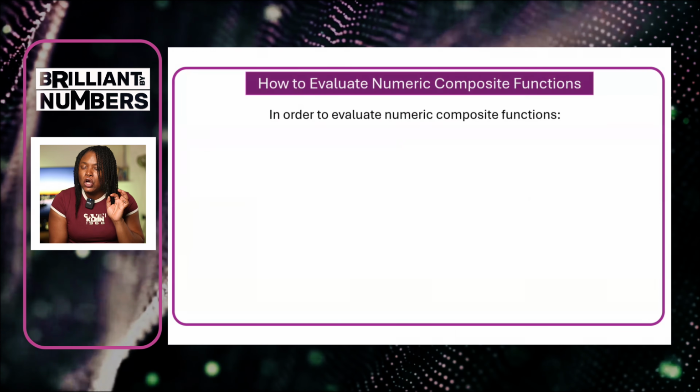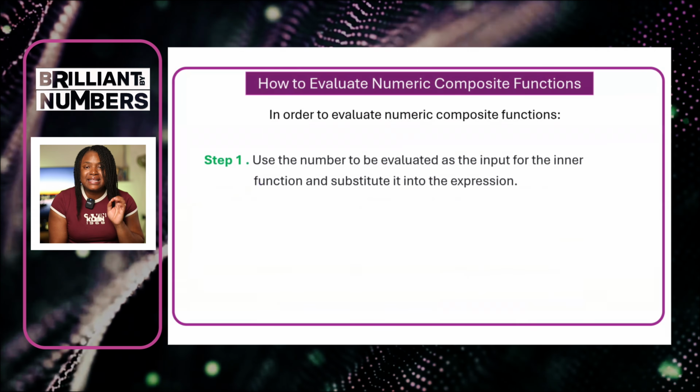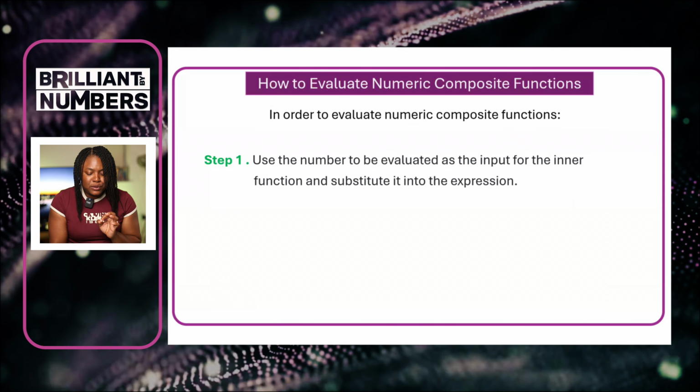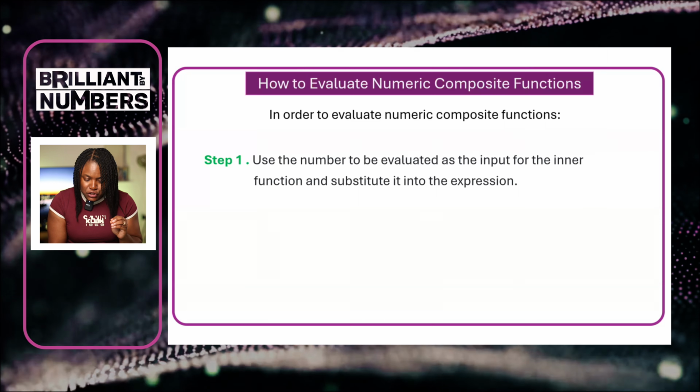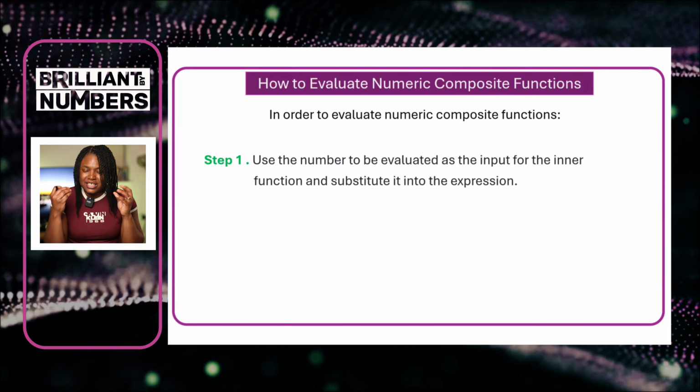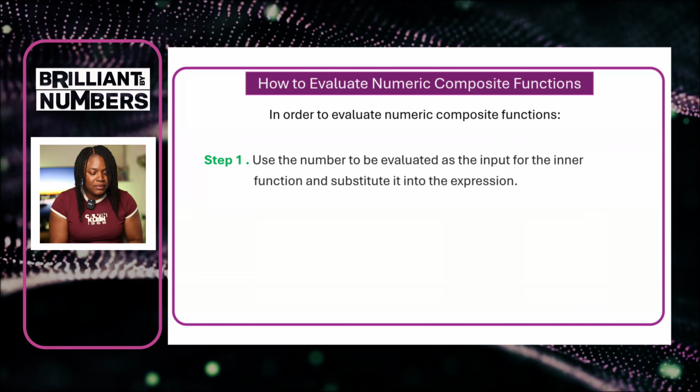In order to evaluate numeric composite functions, step 1, and I encourage you to write this down: use the number to be evaluated as the input for the inner function, and then substitute that number into the expression that you're given.